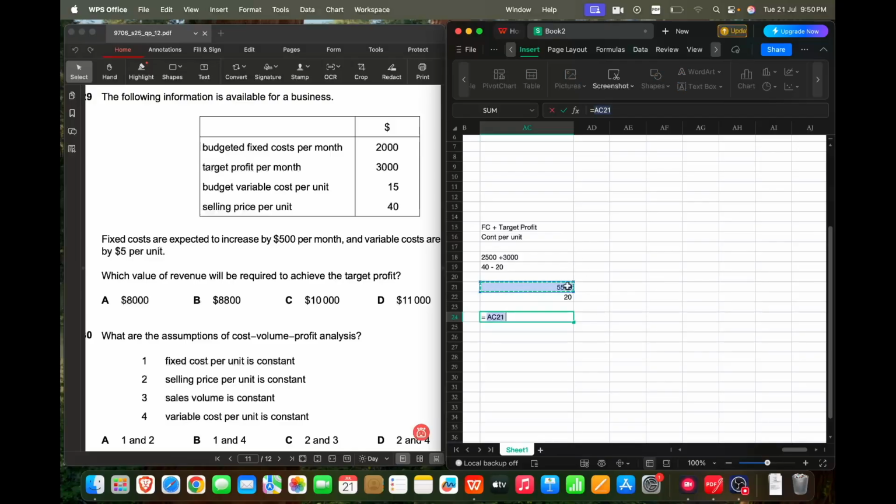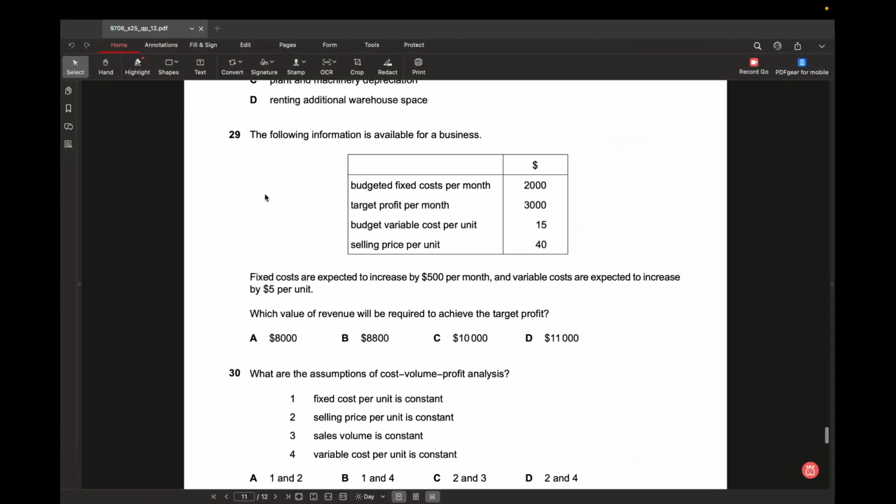So 5500 divided by 20, and this is 275 units that need to be produced and sold to achieve a target profit of 3000. But we need to calculate this in terms of revenue, and each unit is sold for 40, so we'll multiply this with 40. Okay, so output into price gives revenue, and that is 11,000. So your correct answer for 29 is D, 11,000.